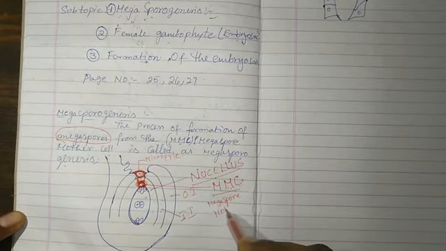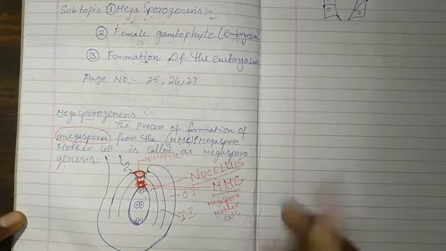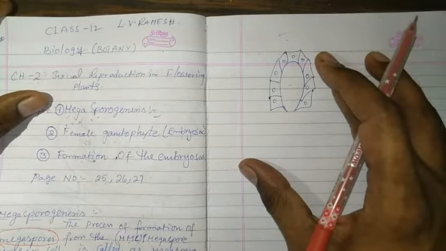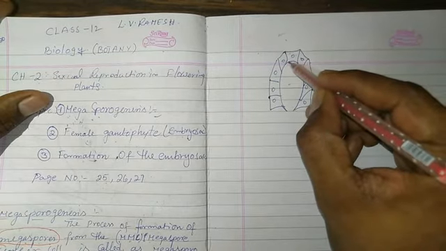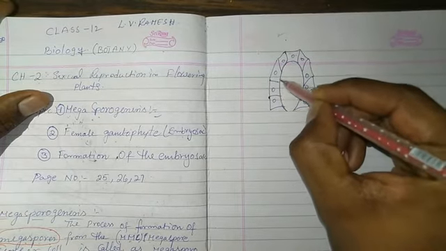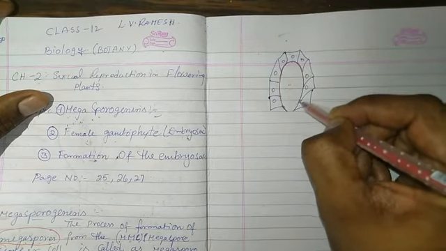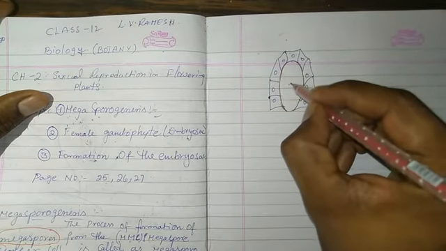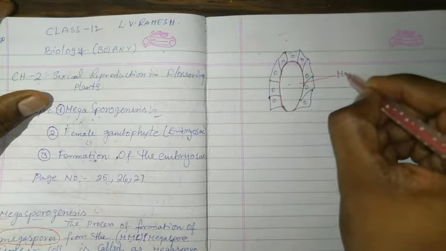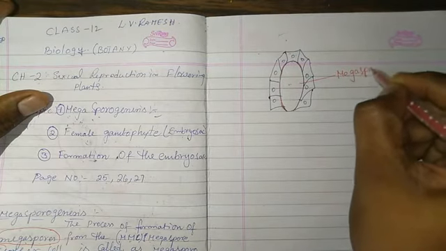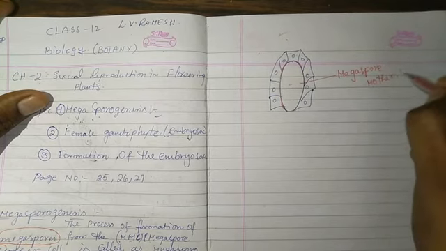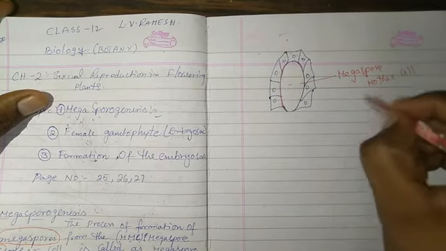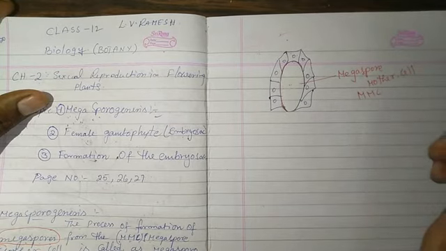So I will draw another diagram for you. Here it is. In the central portion there is an oval shaped structure. This is nothing but the megaspore mother cell, MMC.